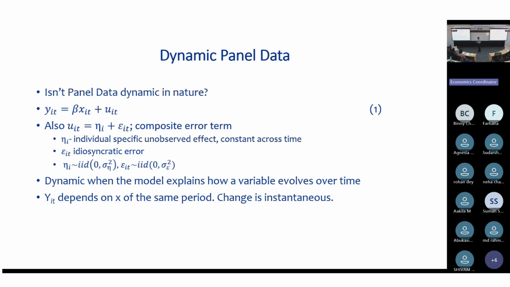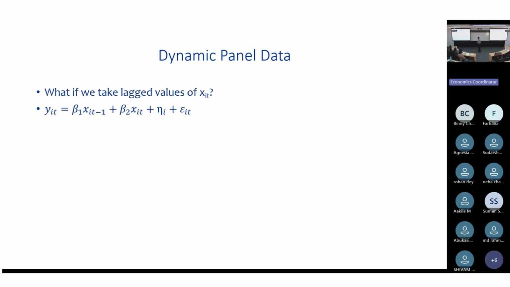Now, we use the word dynamic when the model explains how it evolves over a period of time. We take lagged values of X, but lagged values of X do not make a panel model. You must have studied Koyck and Almon distributed lag models when you're studying time series models.